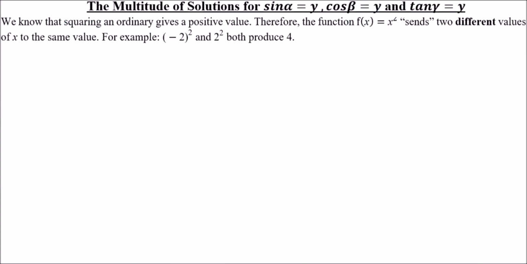For example, this one here. That's meant to say x squared. So we know that squaring an ordinary value gives a positive value. Therefore, the function f of x equals x squared sends, if you like, 2 different values of x to the same value. So, for example, -2 squared and 2 squared both produce 4.